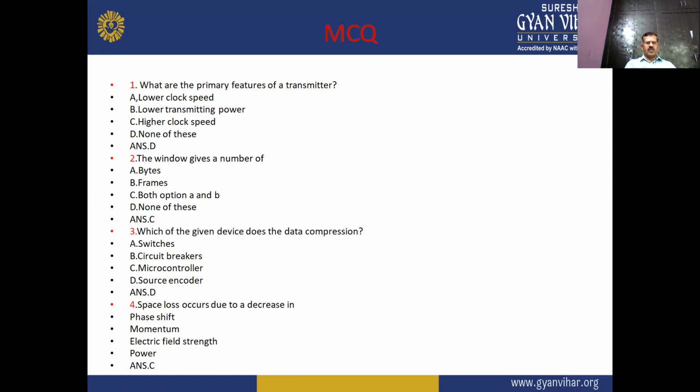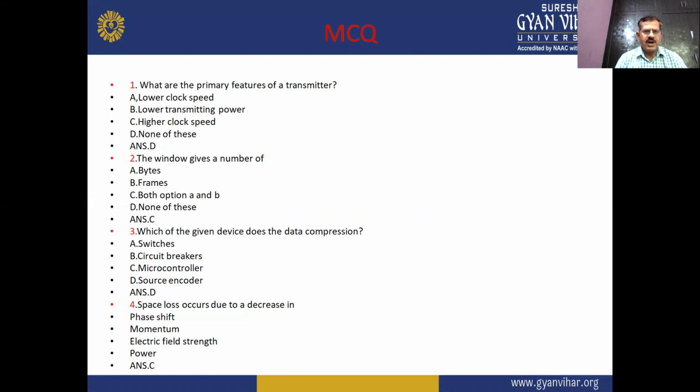The correct answer is D, none of these, because for a transmitter, lower clock speed is not required, lower transmitting power is incorrect, and higher clock speed is also wrong. So the correct answer is D.